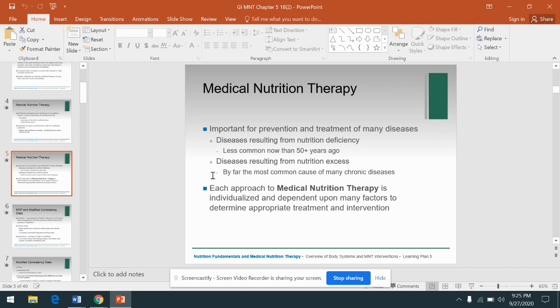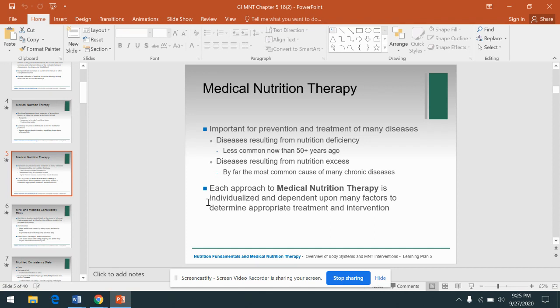So things like type 2 diabetes, hypertension, obesity, strokes, gallstones, things like that.